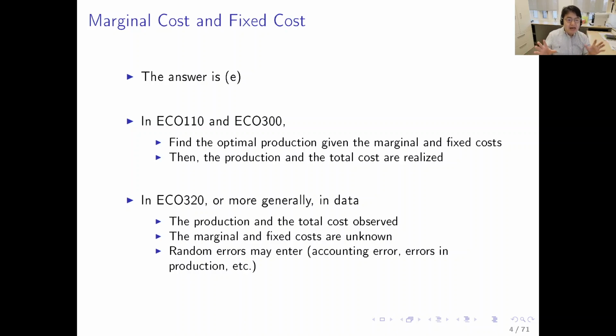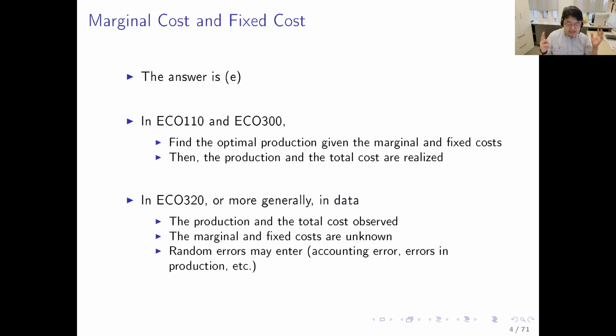And it is not as simple as microeconomics because we need to think about many random errors or mistakes, like accounting errors, errors in production, inventories, or overproduction. A lot of things happen in reality that differ from the microeconomics textbook. So in your data work, we have to think about all these things together, and that's what we are doing.